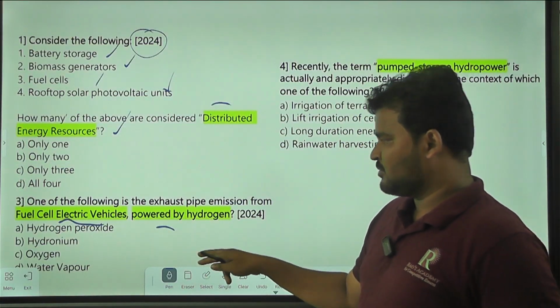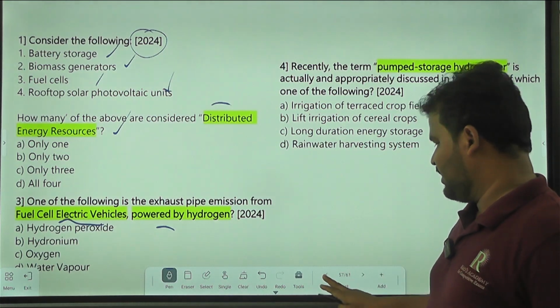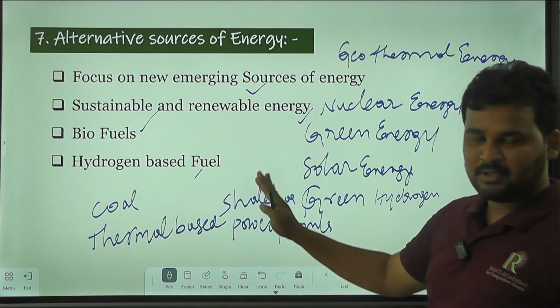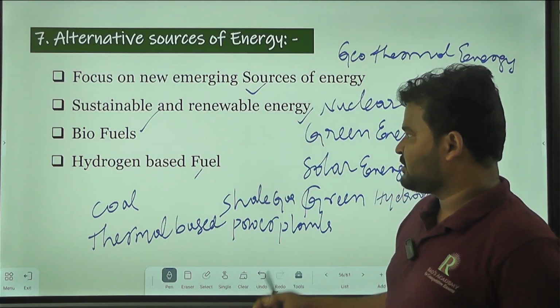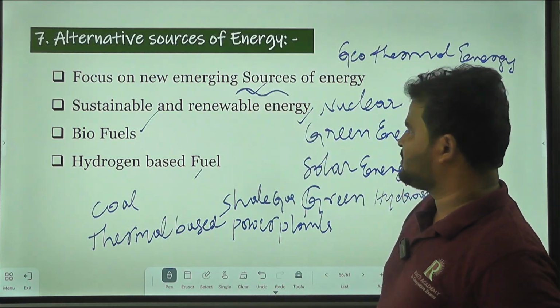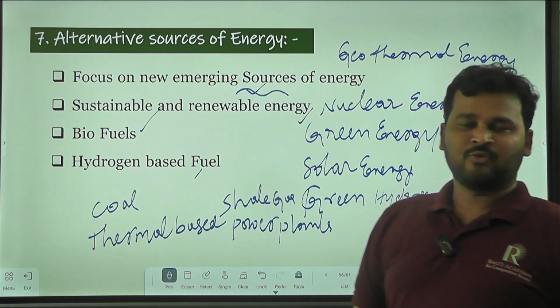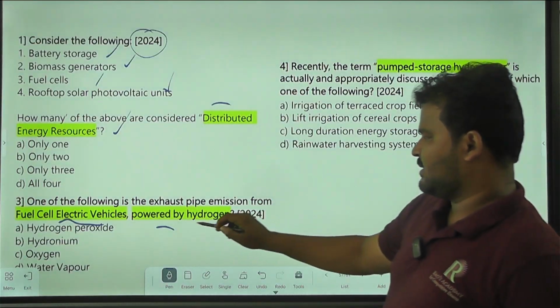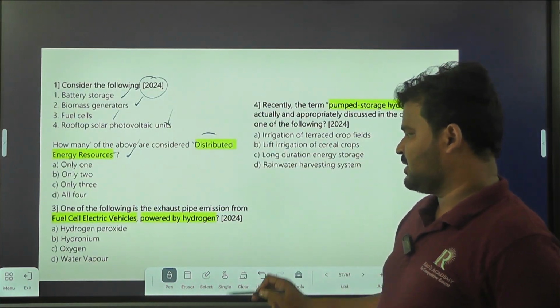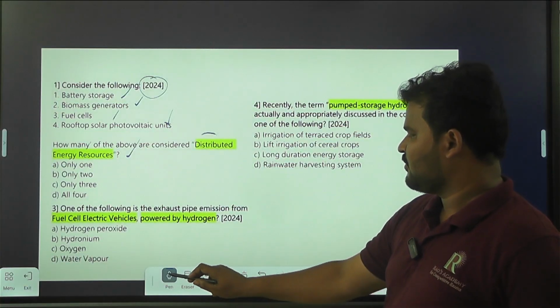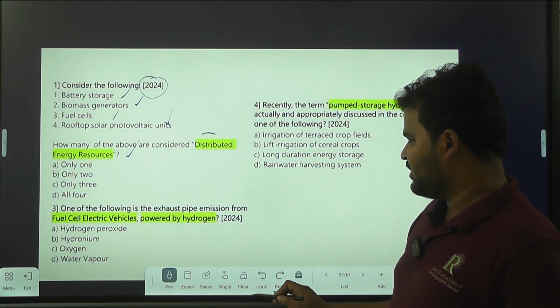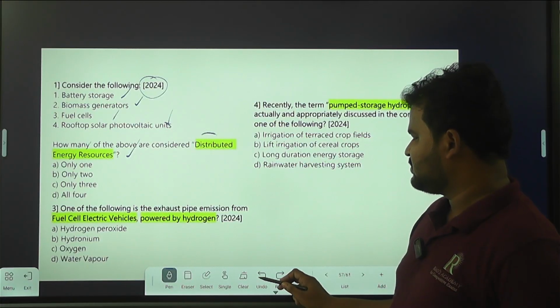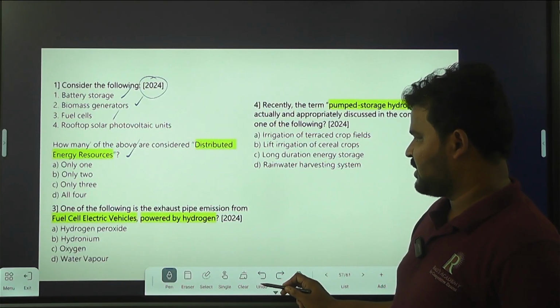I am showing these questions because UPSC is asking questions related to emerging sources of energy. At that time green hydrogen was in the news, so that's why the question came on hydrogen.